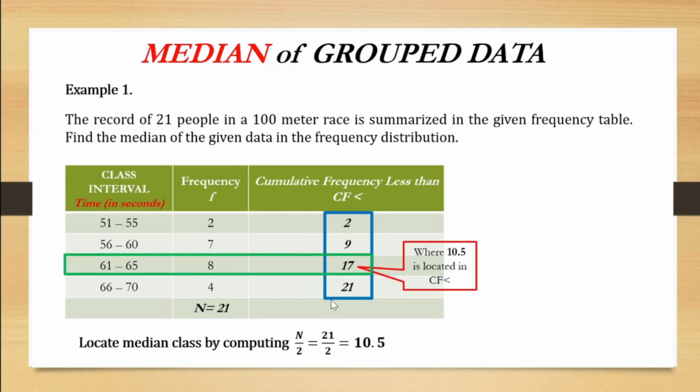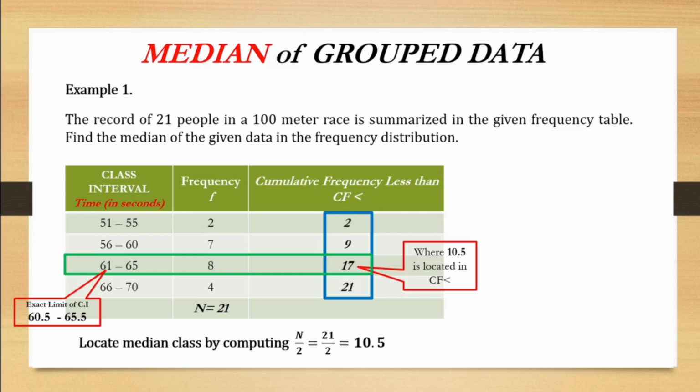After identifying the median class, we have to identify the class interval. Since the class interval of the median class is 61 to 65, we are going to identify the exact limit of this class interval. How to identify the exact limit? All we need to do is subtract 0.5 from our lower limit. If we have 61 as our lower limit, minus 0.5 gives 60.5.